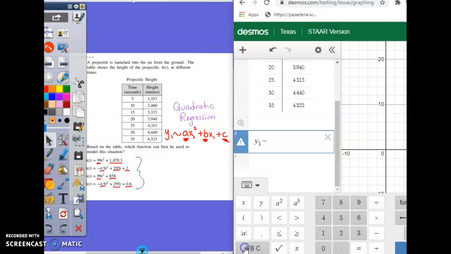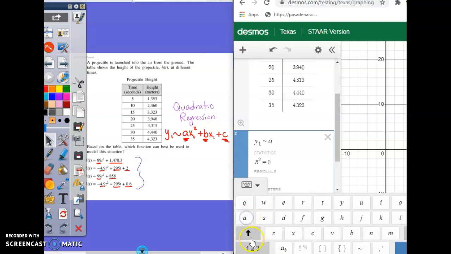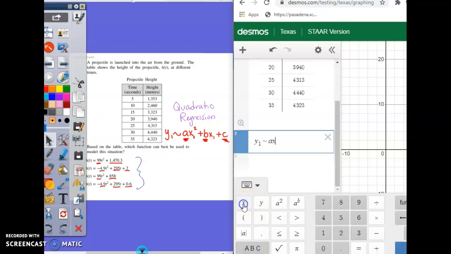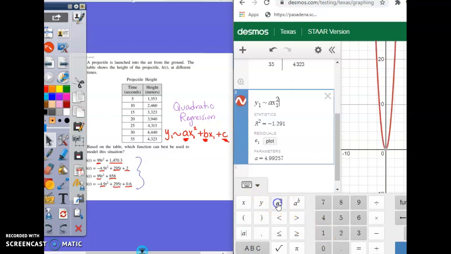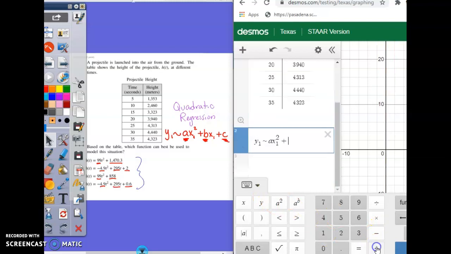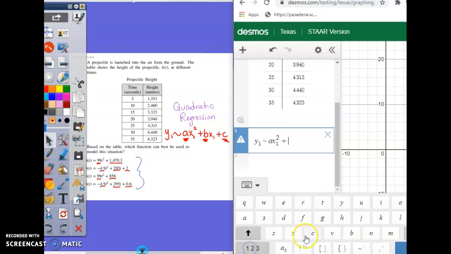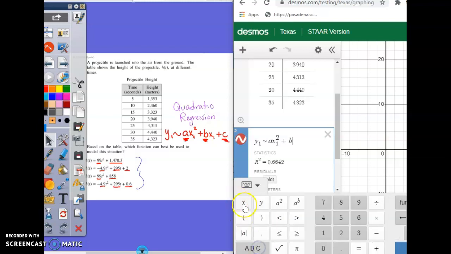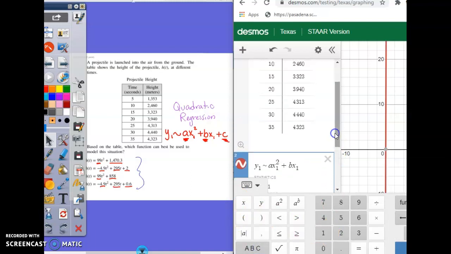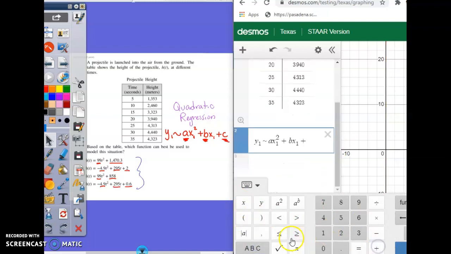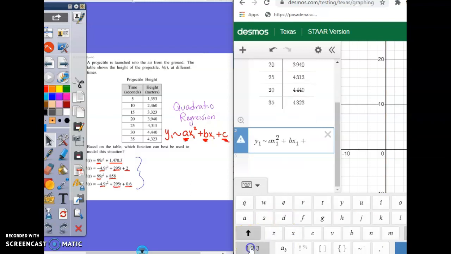Approximately a x1 squared plus b x1. Let me move this up so it doesn't give you the answer. Plus the letter c.